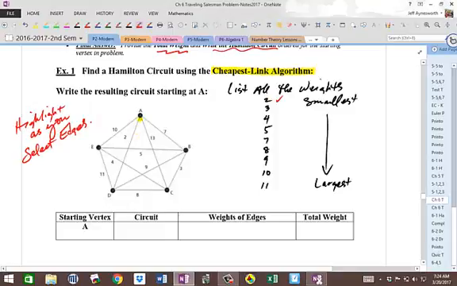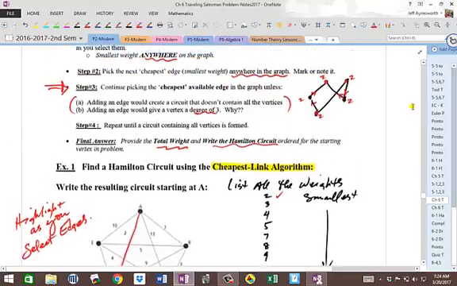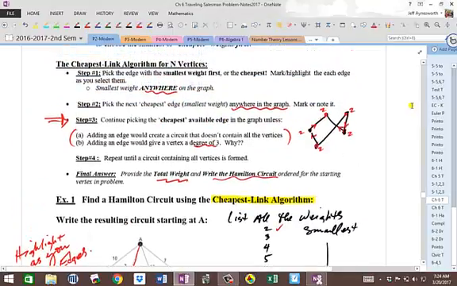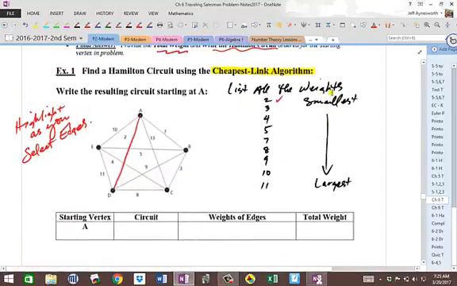So I'm going to select edge AD, which has the weight of 2. All right, it has the least weight. Remember in the algorithm here, it states that you pick the edge with the smallest weight first, or the cheapest. Hence the cheapest link algorithm. Link meaning edge.